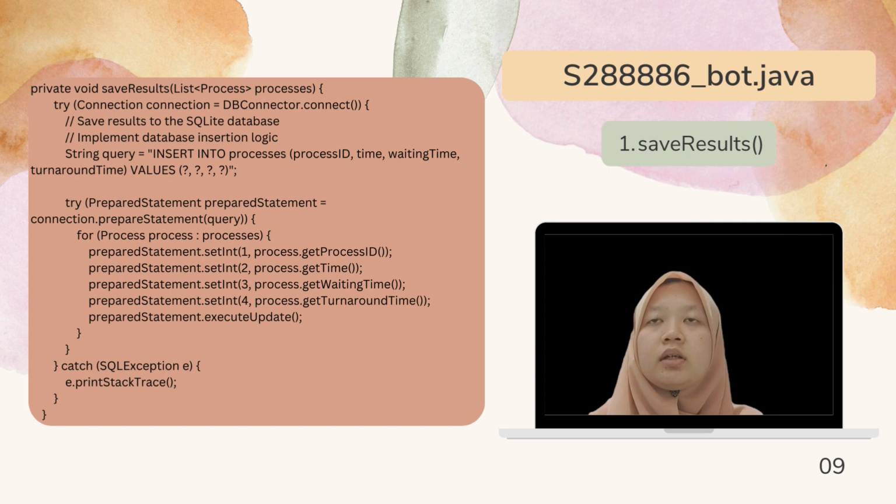This method is to save the scheduling results, that is all that we calculate in the schedule processes method, and then it will send them to the SQLite database, and it will be stored in there.